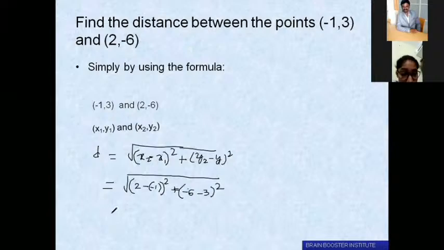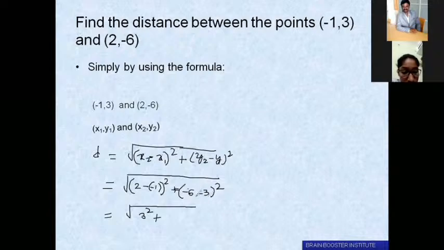Now the square root of, now see here, minus into minus is plus, so 2 plus 1 is equal to 3. So 3 square, plus, and here minus 6 and minus 3, you should add them, and minus 6 minus 3 is equal to minus 9. Now minus 9 whole square.